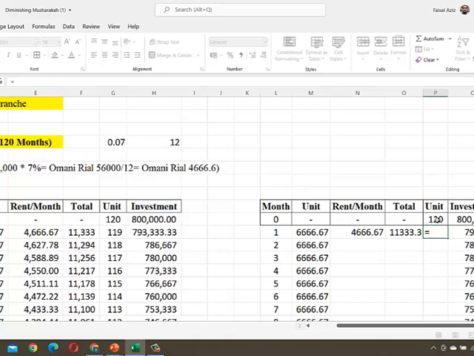So here I'm going to write 120 minus 1, because every month it will be reduced by one. I'm going to put F4 so that with every successive transaction, this value will stay the same.